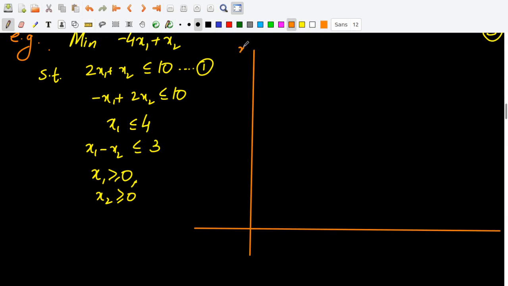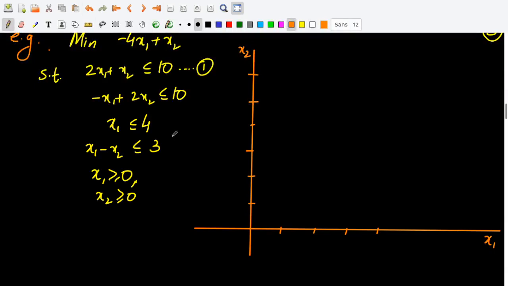So this is my x2, this axis is x1, and let's say 1, 2, 3, 4, and 1, 2, 3, 4, 5, 6.